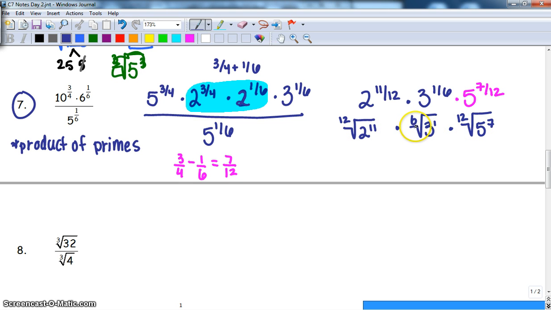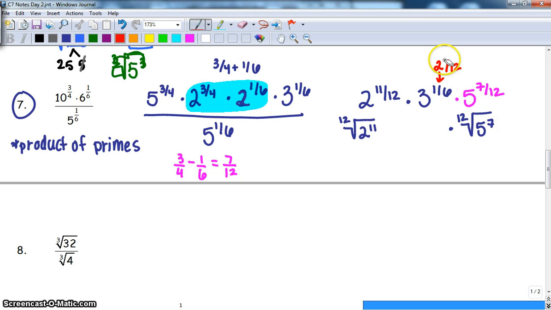This one is a 6th root. So we're going to need to change this one to a 12th root in order to combine them all under the same root. So think of it this way. 1/6 needs to become a 12th. What's the same as 1/6? 2/12.